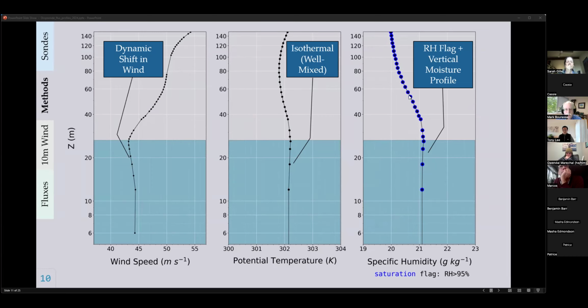A little bit above the spray layer, you start to see that logarithmic profile, but not right above it. There's a transition between this iso specific humidity layer and the log layer, and it's not a sharp transition. Does that answer your question?